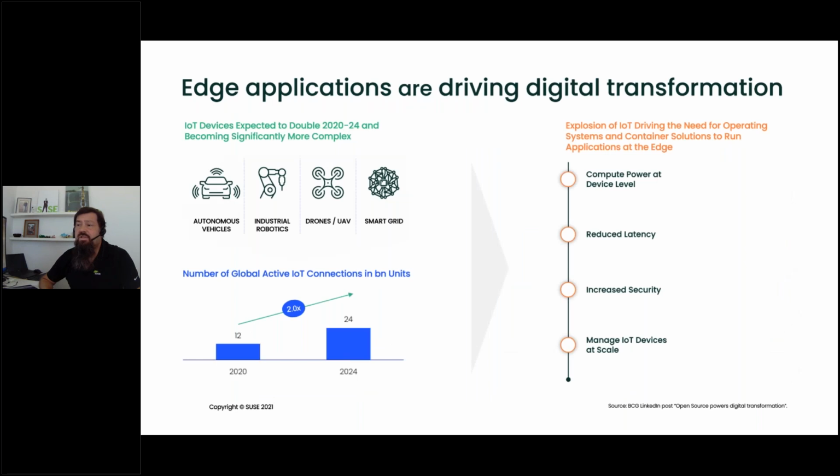Some of the innovation that's bringing forward this edge compute is this concept of autonomous vehicles, industrial robotics, drones, UAV pieces, smart grid pieces.